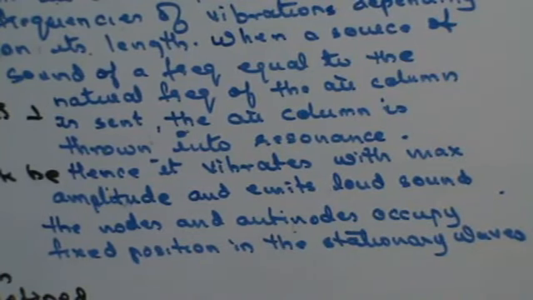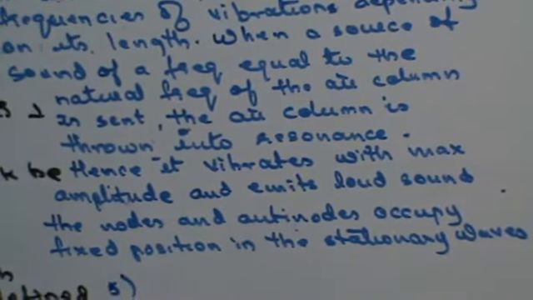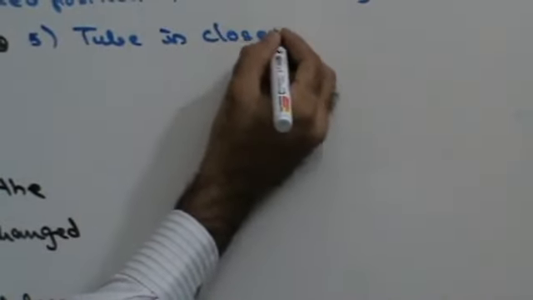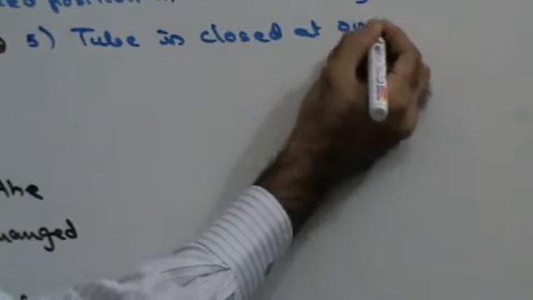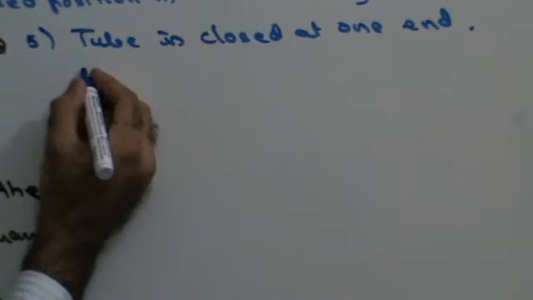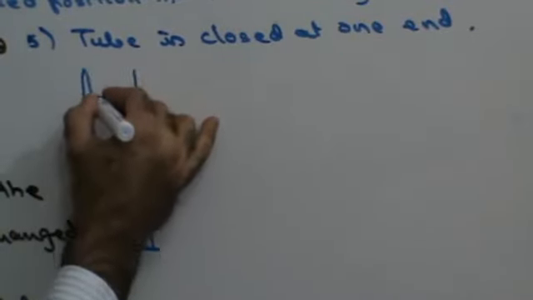Now let us try to see what will be the frequency of such stationary waves. Let us find out if the tube is closed at one end. Let's see what is the frequency that is going to be set up. Let's assume that I have a tube. What are the different modes in which I can have? This is the tube which is closed at one end. I would have two trains.